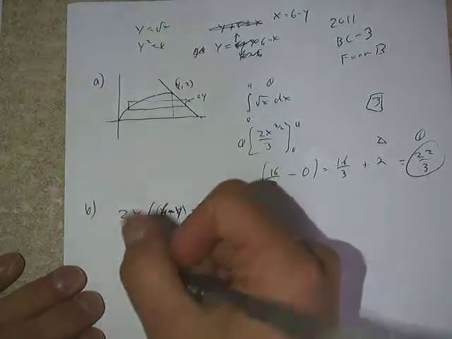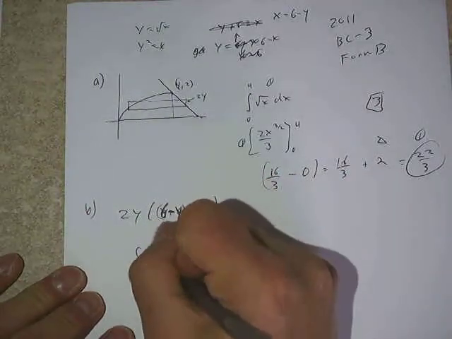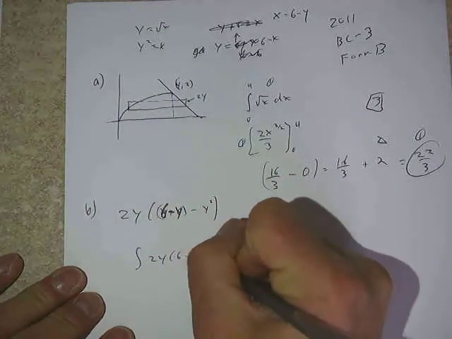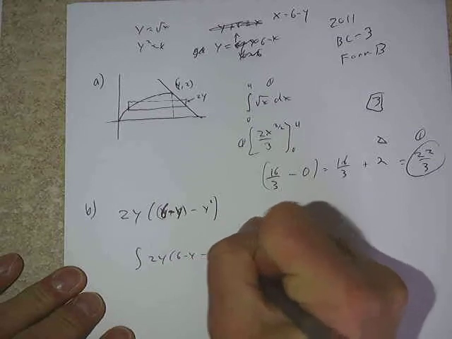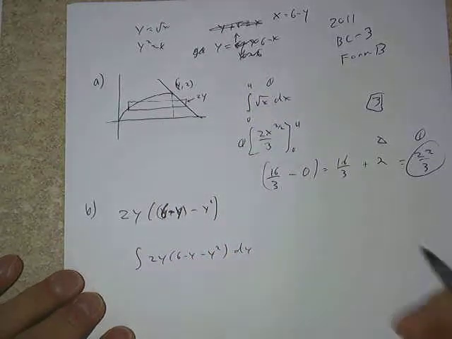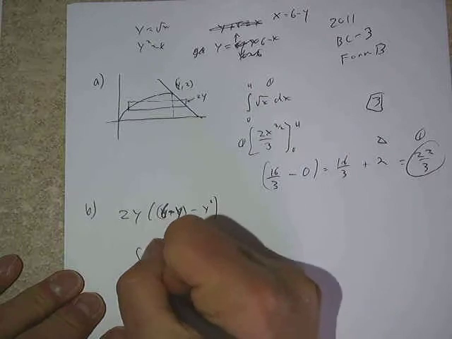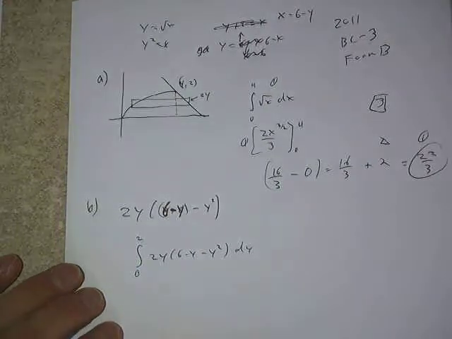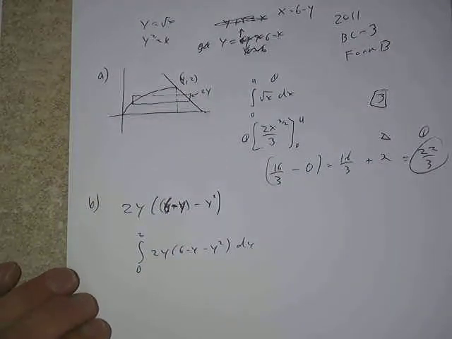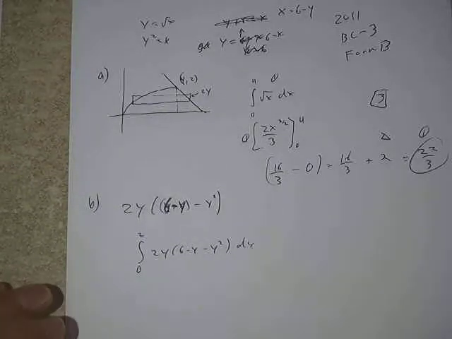Alright, so now that we have that straight, that right there would be our expression for the area of the rectangle. And then ultimately, if we want to add up the volumes of all the rectangles, we would write an integral, 2y times 6 minus y squared. That's not multiple choice, so simplifying-wise, we just go 0 to 2 because we're in the y direction.